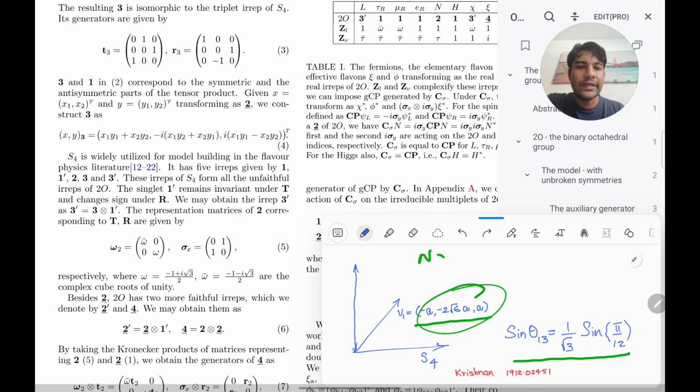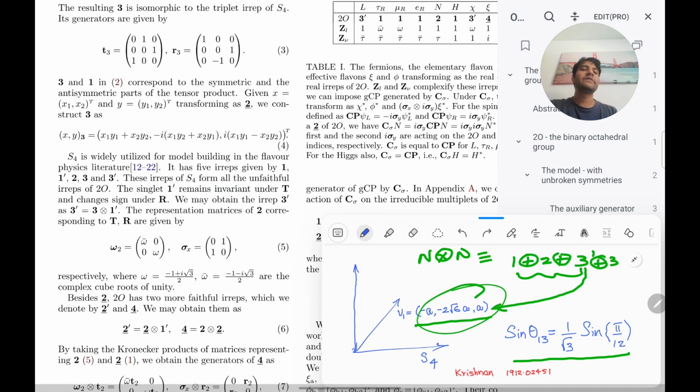So you have n times n, which would give me 1 plus 2 plus 3 prime plus 3, and this is the symmetric part, and this 3 prime directly corresponds to the vacuum alignment that I mentioned earlier.